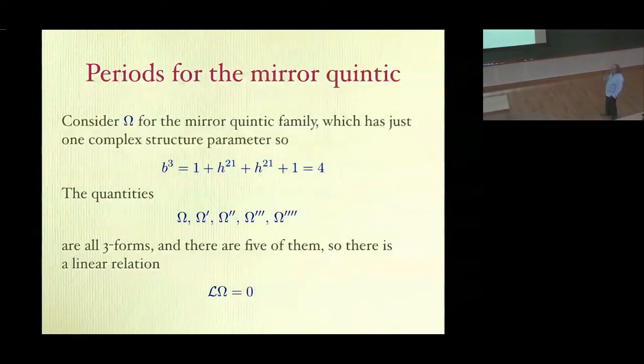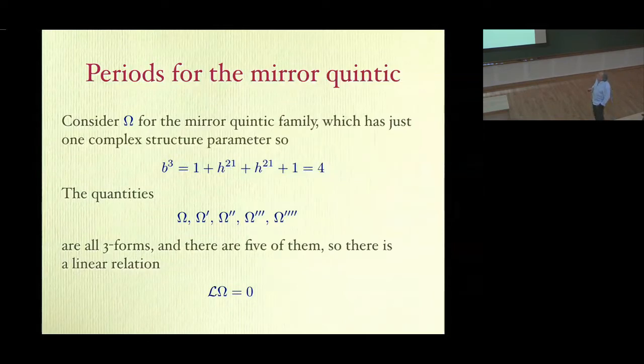One more point before we go on, something we could bring up later, but we can bring it up now. So suppose you have a 1-parameter family, to make things simple, 1-parameter family of manifolds such as the mirror quintic. Mirror symmetry is a pretty story, but it's not particularly relevant to what we're going to do today.